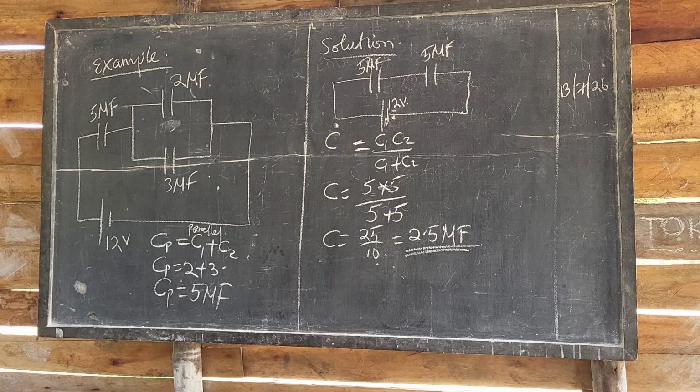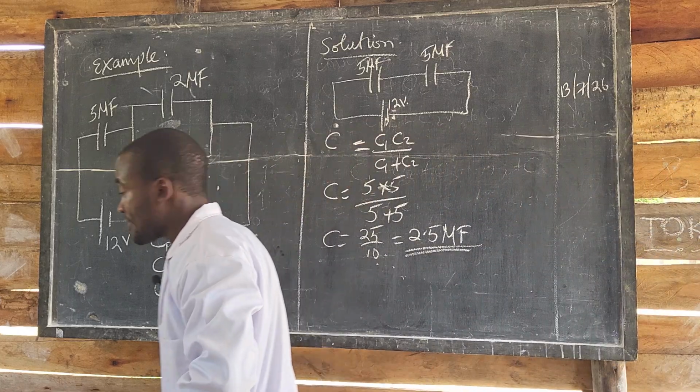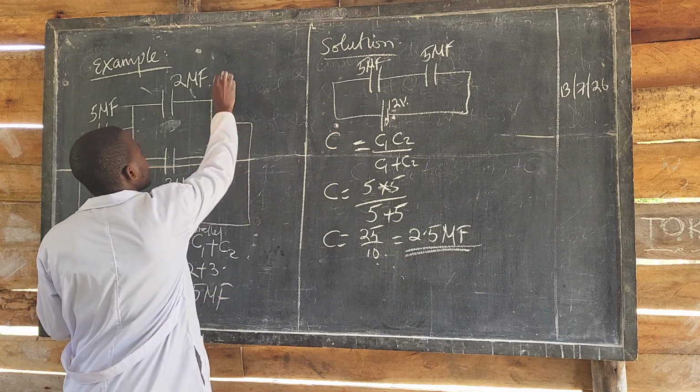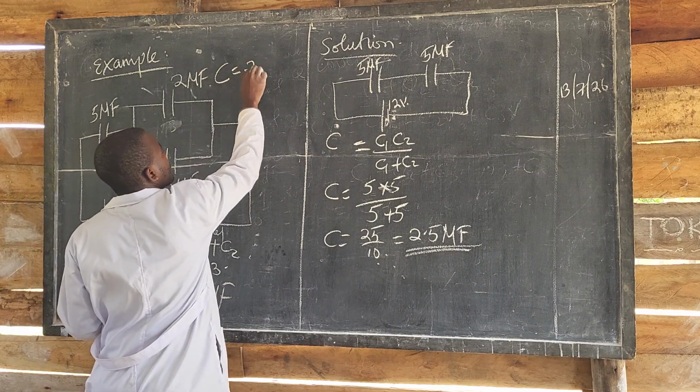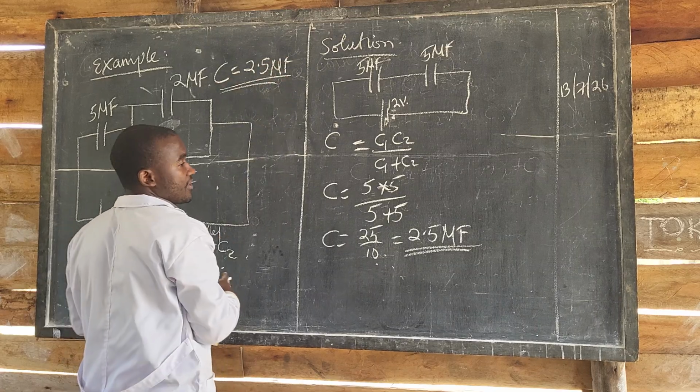First put units. When I rub off this, what else are we finding? So our effective capacitance is 2.5 microfarad.